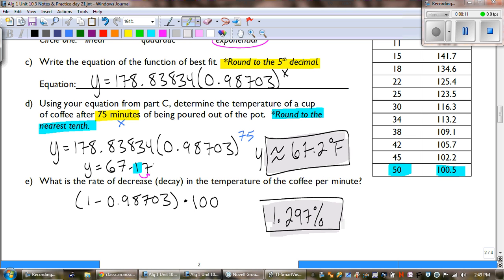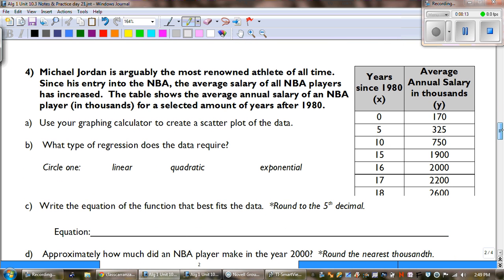All right, let's move down to the next one. It says Michael Jordan is arguably the most renowned athlete of all time. Since his entry into the NBA, the average salary of all NBA players has increased. The table shows the average annual salary of an NBA player in thousands, so make sure you know that's in thousands, for a selected amount of years after 1980.